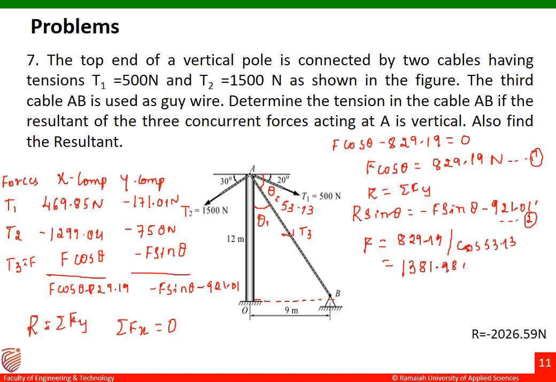You'll get the answer for F as 1381.98 Newton here. Okay, so this is my force in the cable AB there. Now let us find out the answer for the resultant from equation number 2.